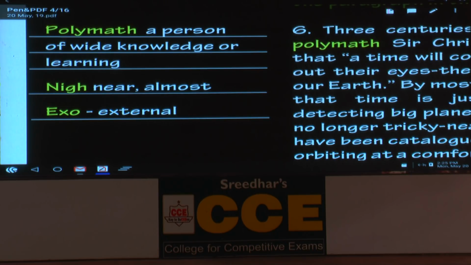Nigh means what? Near, almost. But in this context, the first meaning of the word, near, it's almost there. Exo means external. What is the opposite? Endo. Exoskeleton, endoskeleton. External skeleton, internal skeleton. What we have is the endoskeleton. Have you written?